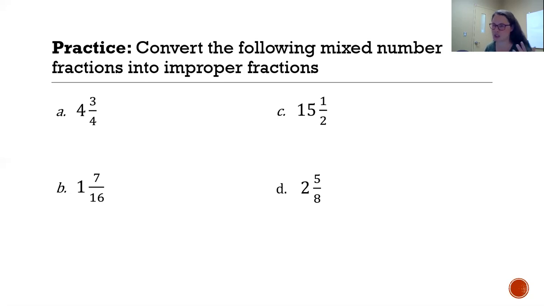This is the one that people usually get the hang of really quick. So we have 4 3/4. I want that written as an improper fraction. So I have 4 sets with 4 in them. So 4 times 4 gives me 16 pieces, plus I have 3 extra pieces, which gives me 19. So the equal fraction is going to be 19 quarters.